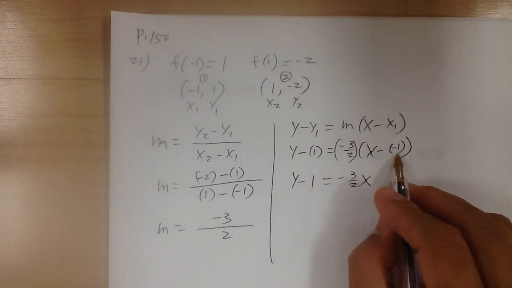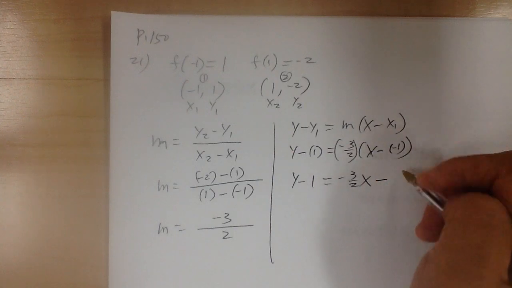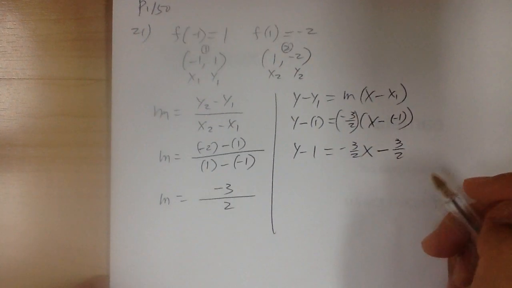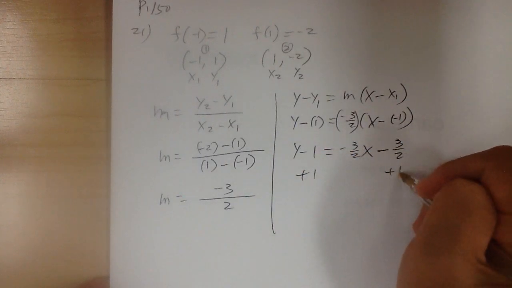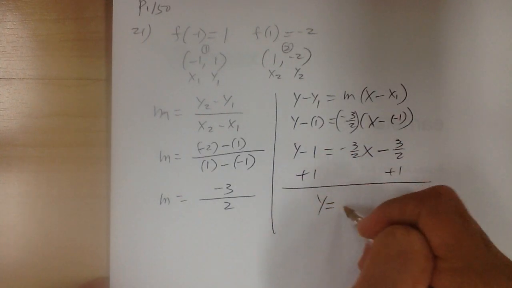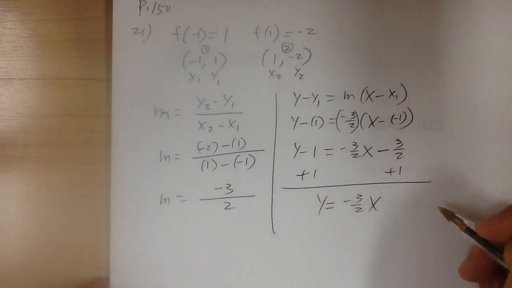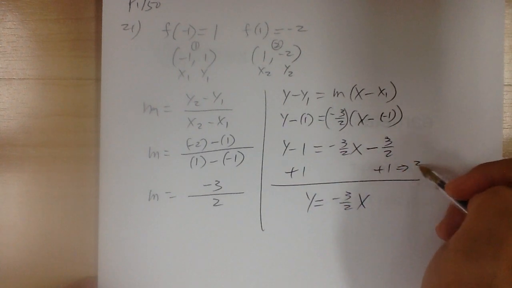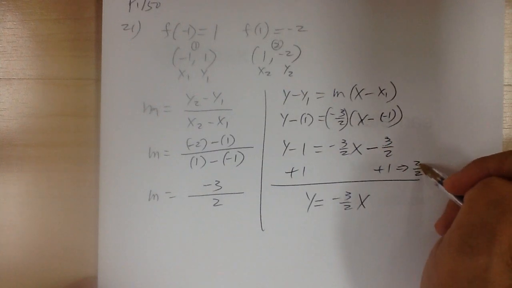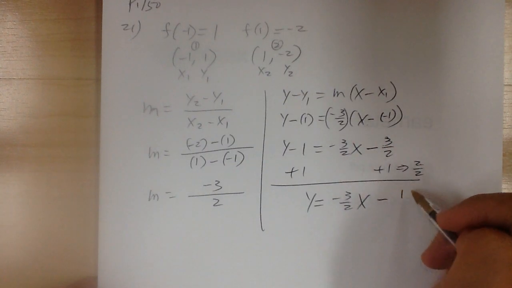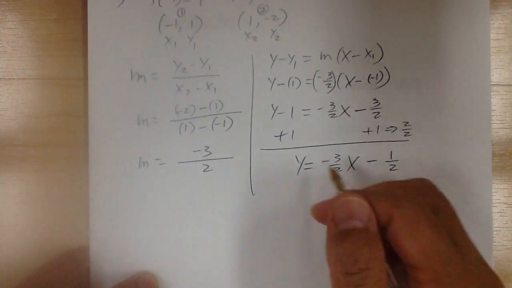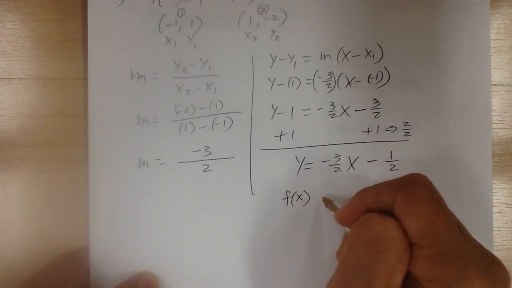Again, you got 1, 2, 3. 3 negative will give you a negative. Okay, then after that, plus 1 on both sides. So y equal to negative 3 over 2x. Okay, so when you add, this is equal to 2 over 2. So negative 3 plus 2 will give you minus 1. And the denominator is 2. And then switch back over to the function notation.